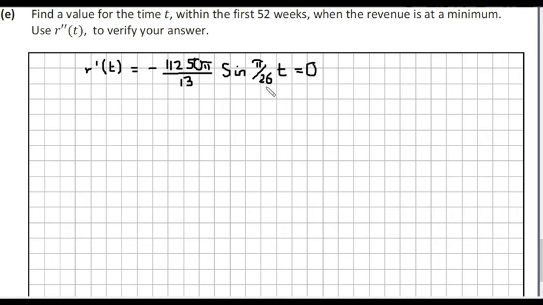We can divide both sides by that constant, so we end up with sine of pi over 26 t is equal to 0.